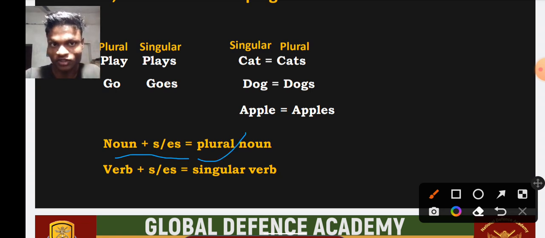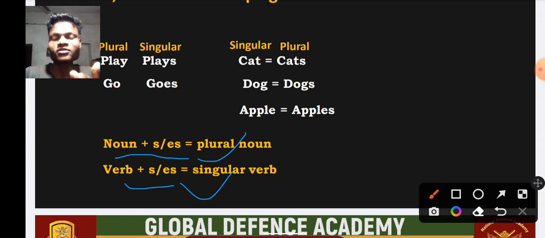And verb plus s or es, it makes a singular verb. What does it refer to? It means go is a plural verb, run is a plural verb, play is a plural verb. And when we add s or es to this verb, according to its rule, then it turns into a singular verb.